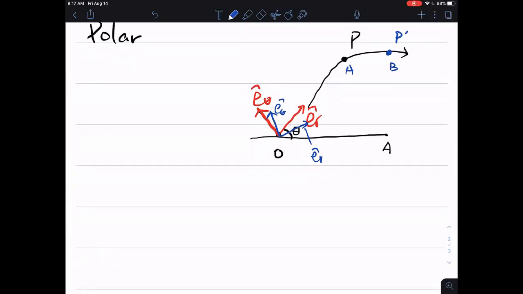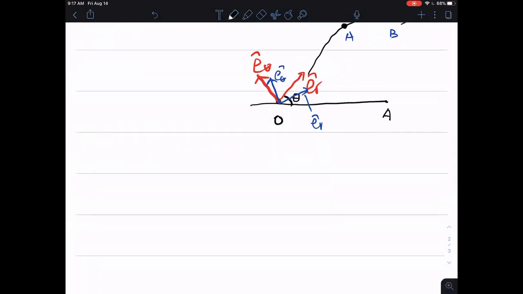Now let's look at the math. For the polar coordinate system, we have three equations: position, velocity, and acceleration. The position equation for the polar coordinate system is pretty easy.